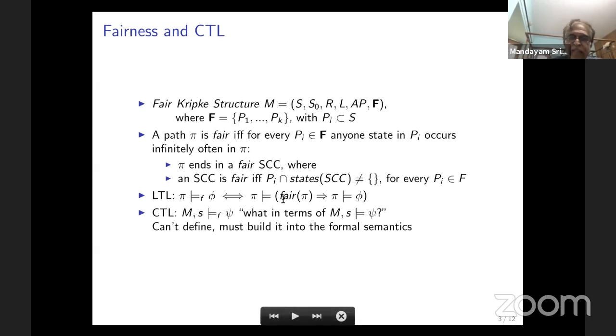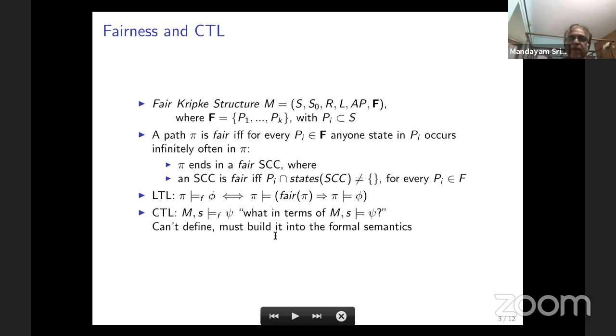Now, in CTL, such a thing is not possible because this implication itself is not a well-formed CTL formula. You will have to build it into the formal semantics, and that's what we will first define.